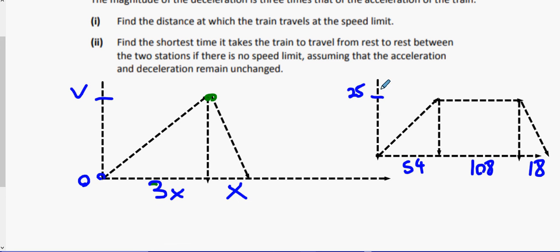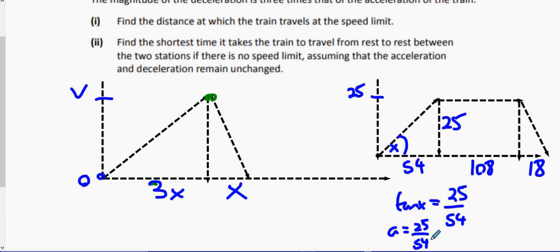Now, a really cheap way of doing this, most of you probably don't remember, is tan of the angle gives you the acceleration. So tan x will give us 25 over 54, and that's your acceleration. And your deceleration, which is 3 times bigger, is also tan of the angle, except negative.